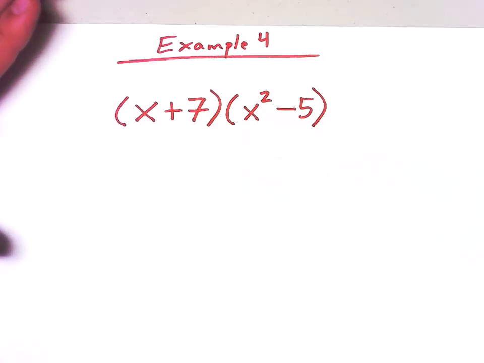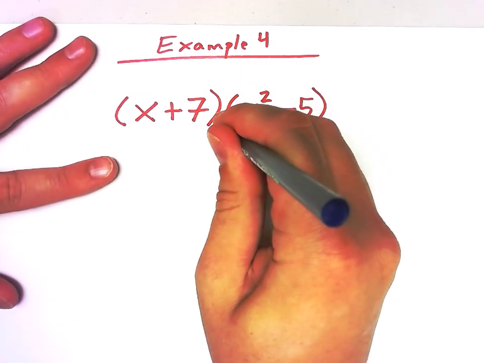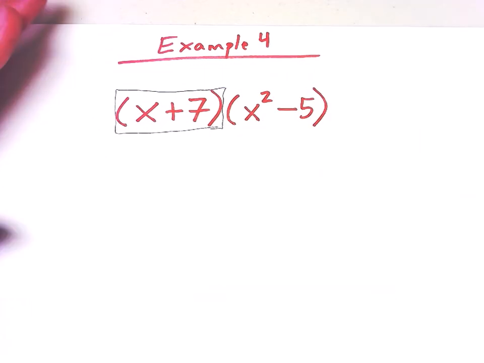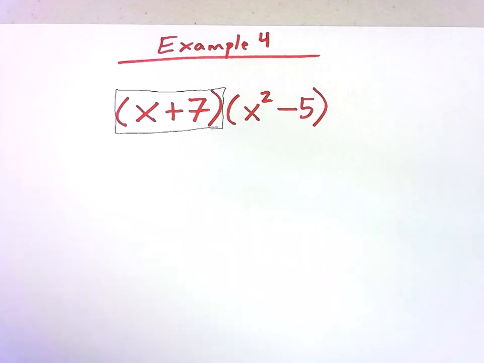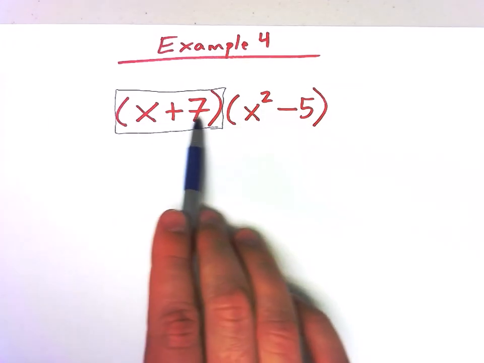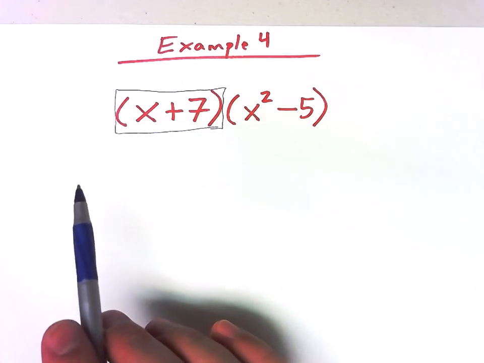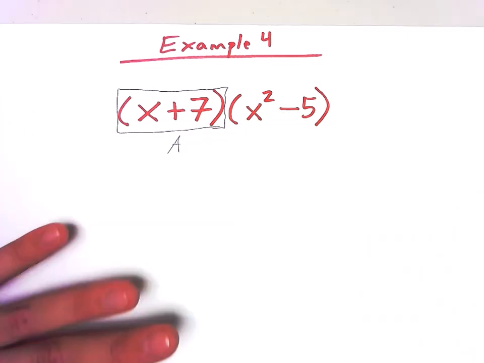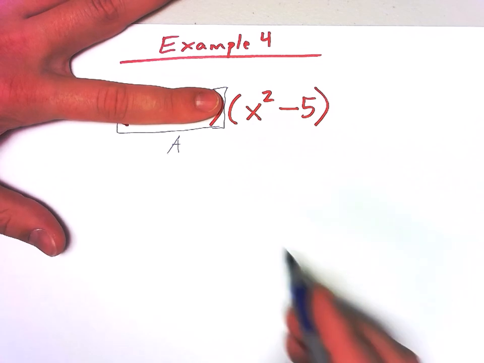So the way you can think about this, the mathematician way of thinking of it, would be, for a second, let's pretend this right here is just one thing. I mean, it is one thing, but it's made up of two terms. But let's call it A.